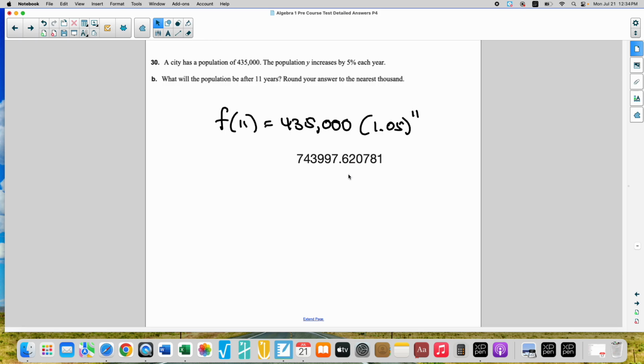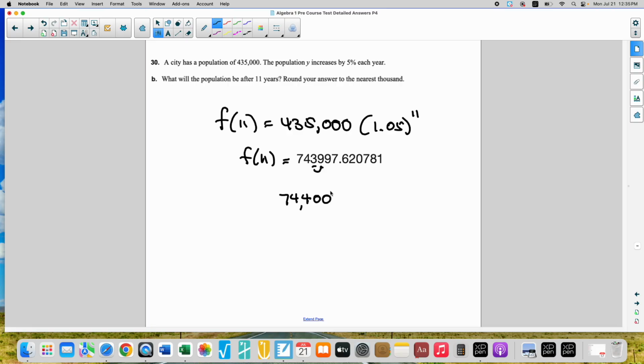And round your answer to the nearest thousand. So f of 11 years. So tens, hundreds, ones, tens, hundreds, thousands. We're going to the nearest thousands. So we look over here and we're going to get 7, 4. This tells me to round up.